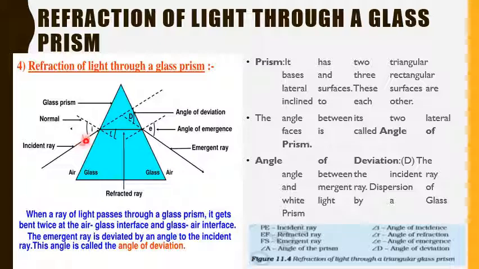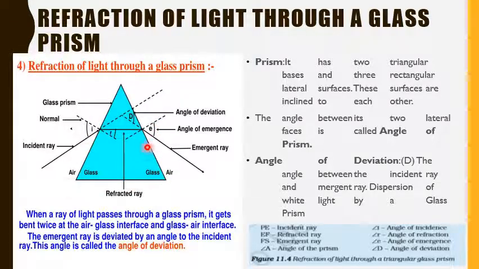Now actually the light was supposed to go in this direction. You see these dotted lines, and the emergent ray, see this one, this is the deviation, meaning change in angles. Instead of going this way, it went this way, and that is why it is called the angle of deviation, capital D. This is the angle of emergence, E.